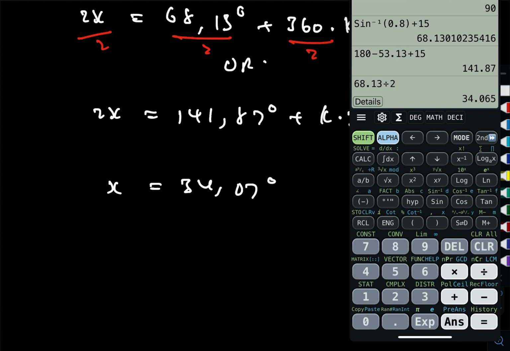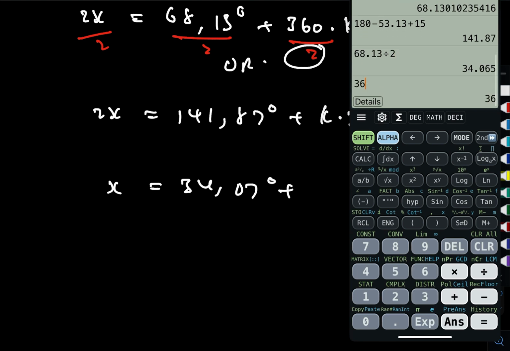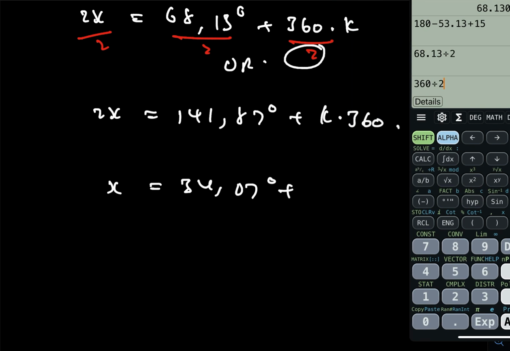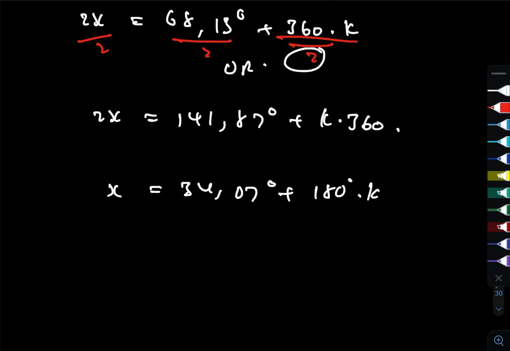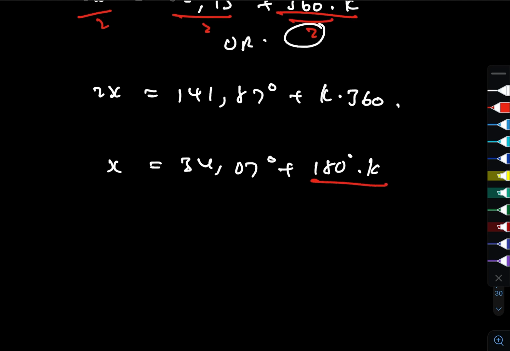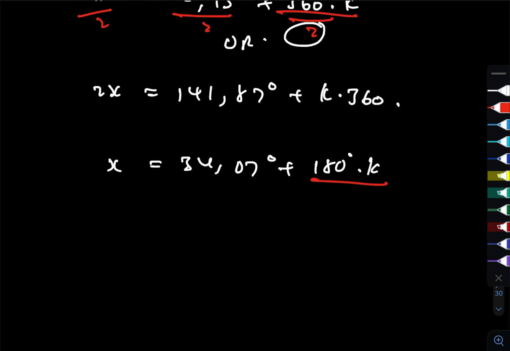And then plus, again, I have 360 divided by 2, which is going to be 180 degrees. So that's 180 degrees times k. These are a product, so if I divide by 2, I've also divided the k by 2. So it's going to be 180 times k.